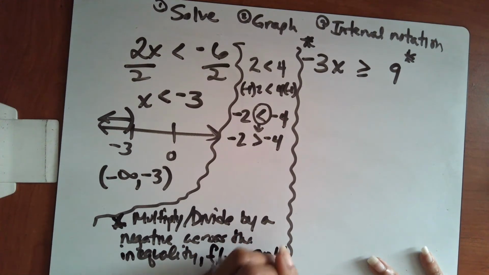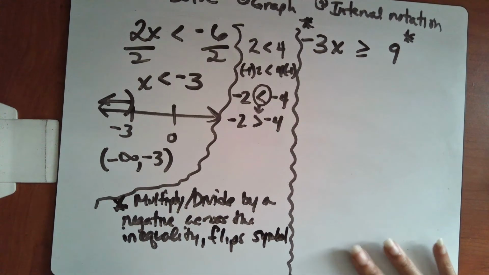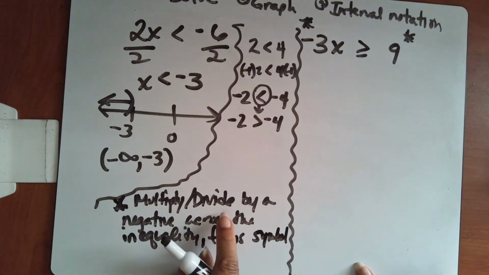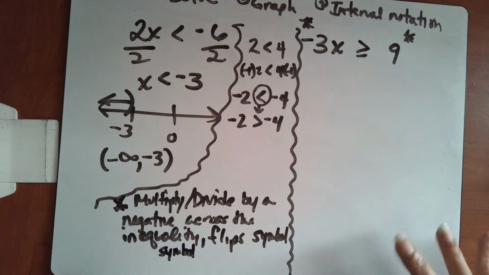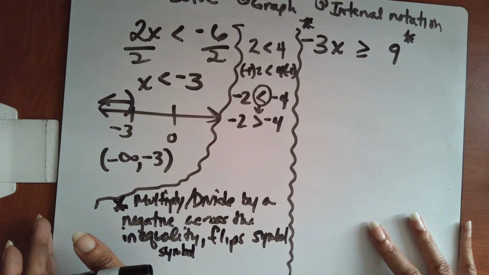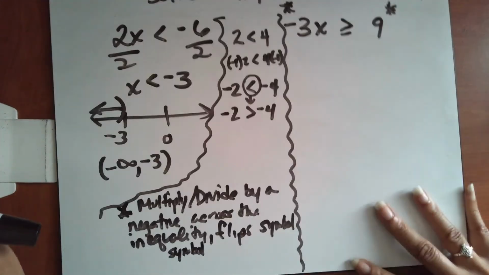So it flips the symbol. All right, it flips the symbol. So multiplying or dividing by a negative value across the inequality symbol flips the symbol. So if you multiply or divide across the inequality, then you have to flip the inequality symbol.